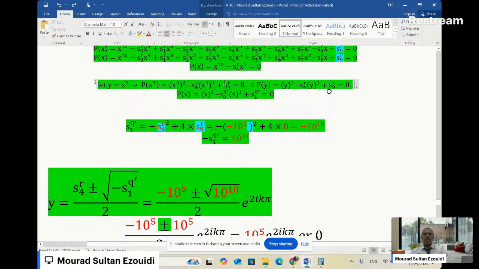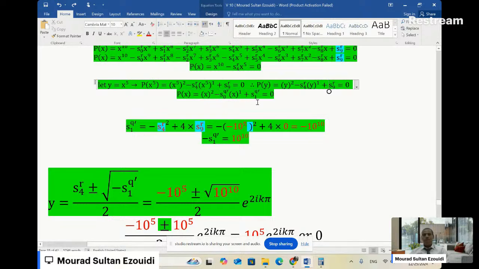Okay, but I put here S9 equals 0. Therefore, p of y equals y squared minus S4 times y plus S9 of order r. Okay, to find the second new degree equation has to be written as x squared minus S0 times x plus S1 over the q.